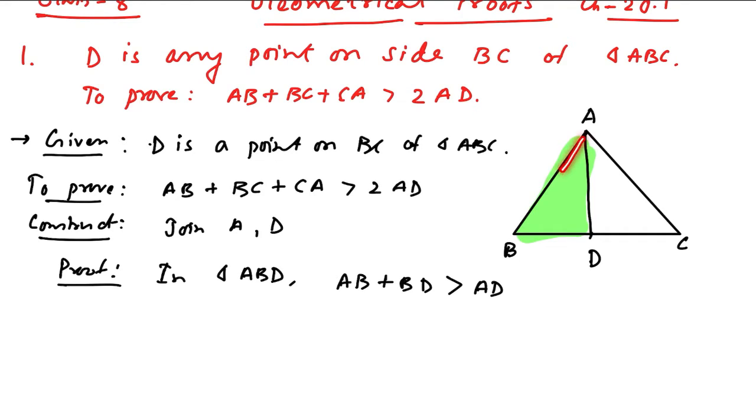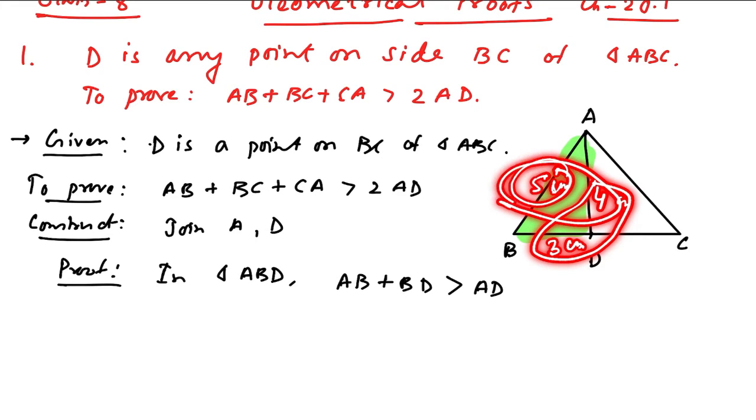We know the sum of the measurements of any two sides of a triangle is always greater than the third side. If this is 3 cm, this is 4 cm and this is 5 cm, then you can take any two sides and sum them, and that sum will be greater than the third side.